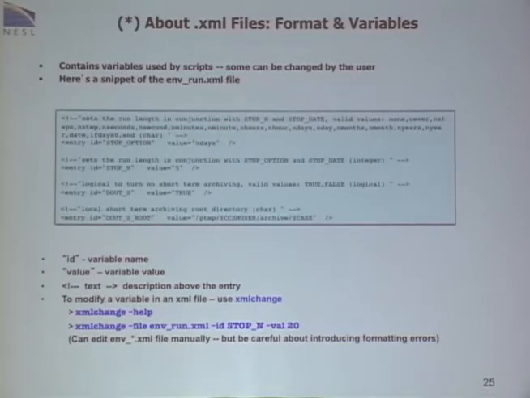There's an ID, which is the name of the environment variable, and then there's an actual value. The safest way to change these values is to use XML change to tell it what file you're using, what variable you want to change, and the new value you want to give it. You can edit these XML files by hand. Just make sure that you don't introduce any formatting errors that make it impossible to parse.